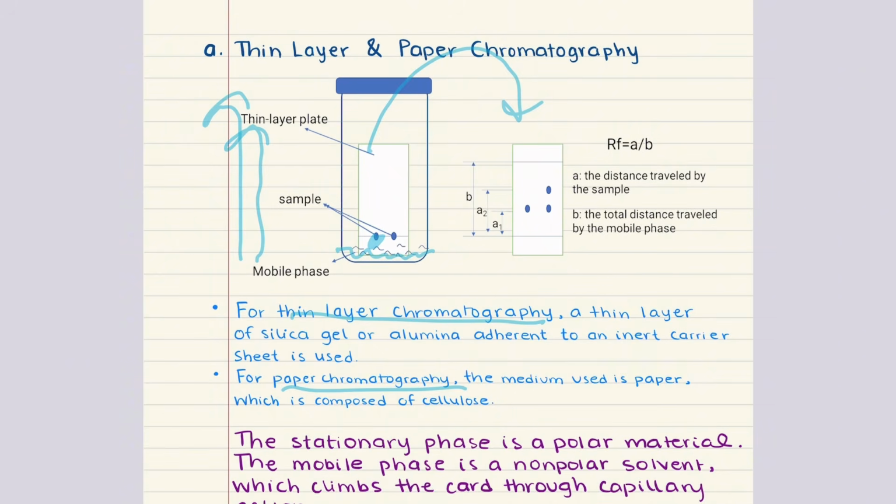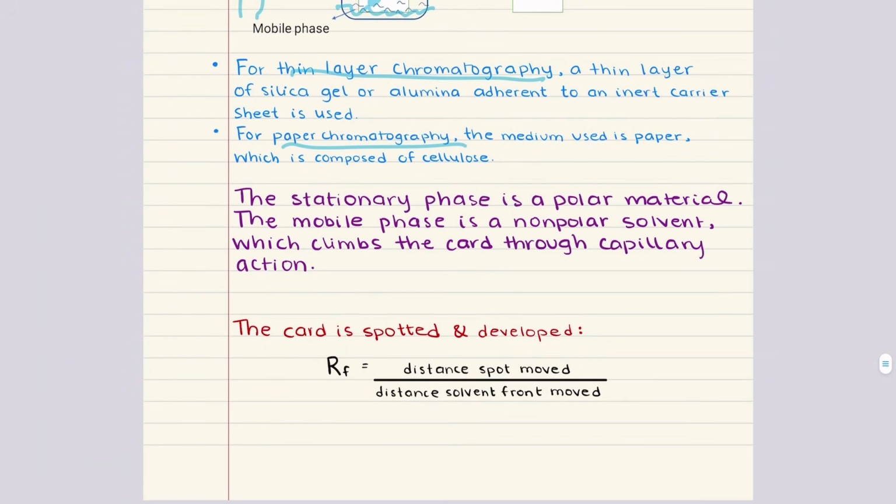You can calculate then something called the RF value. This is the ratio of how far the compound moved to how far the solvent front moved. So RF equals the distance moved by the spot divided by the distance that the solvent front has moved.